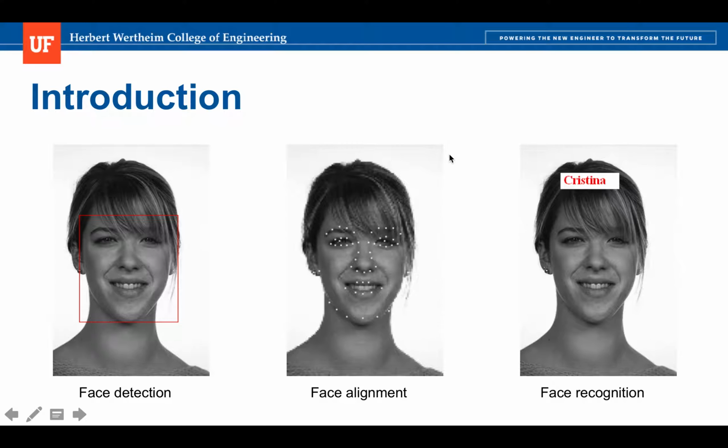For face alignment, the white pixels are features for certain parts, like here, there are line features for the nose. And in the last picture, given input facial images, the system will tell us the identity for that image.